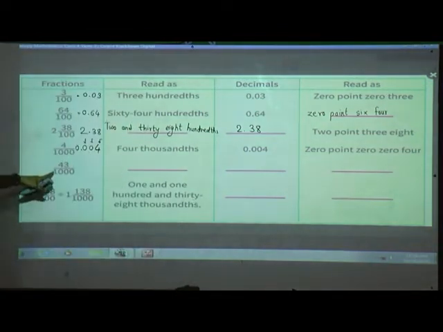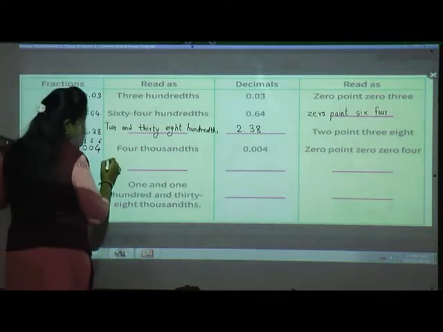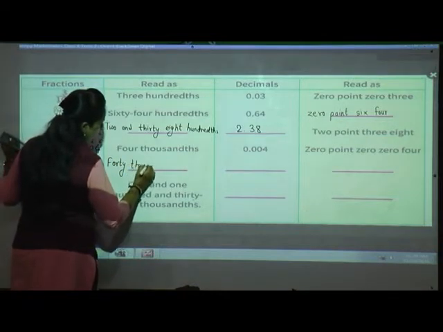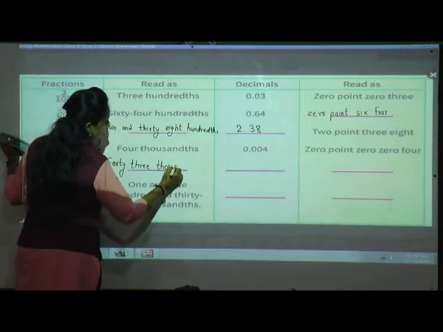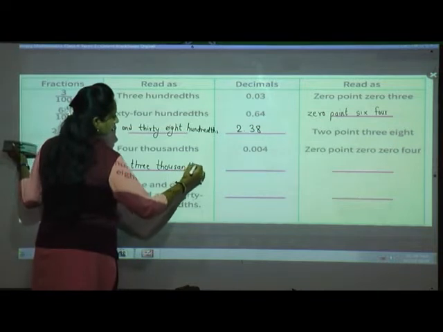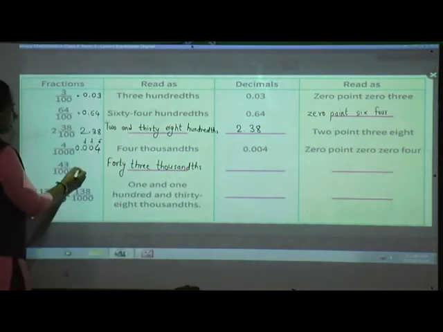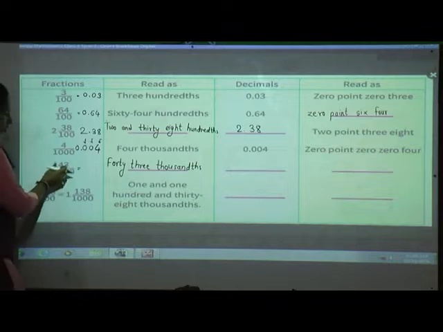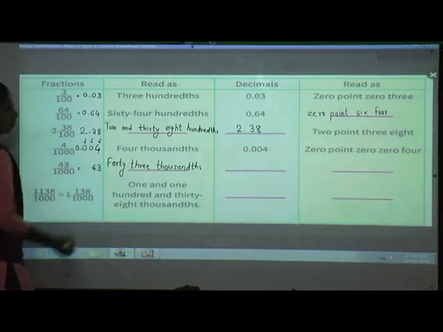Next, 43 upon 1000. So first how do we read this? Yes, tell me. 43 thousandths. So write here 43. Why am I writing thousandths? Because in the place of the denominator they have given thousands. Now how to convert into decimals? Whether you say decimal number or decimals. Okay. So write first 43 as it is.